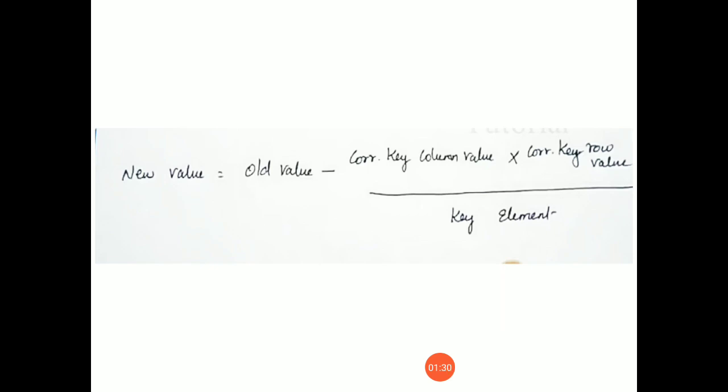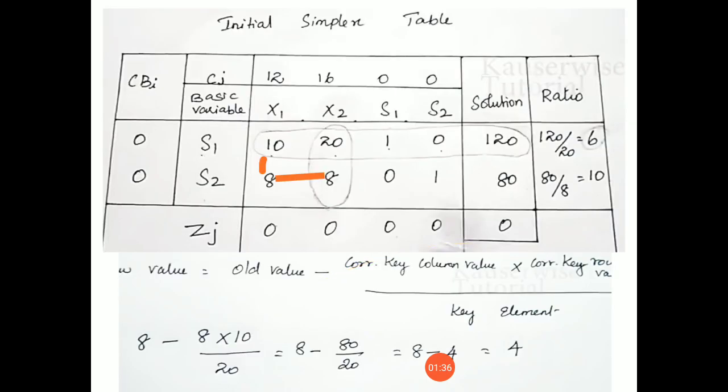Okay, so how does this formula work? Let's again go to the initial simplex table, where I will show you how we get the new values of the row for S2 in the iteration 1 table. The formula says new value is equal to old value minus corresponding key column value into corresponding key row value divided by key element.